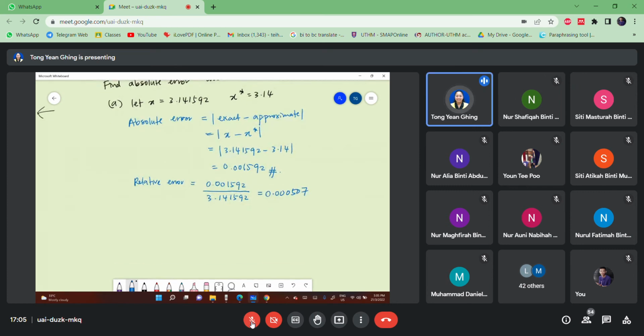And then we go to the B. B pula, saya salin lah. Dia kata a true value is, so banyaknya kosong, 1 million. 1, 2, 3, 1, 2, 3, 6. 1 million.